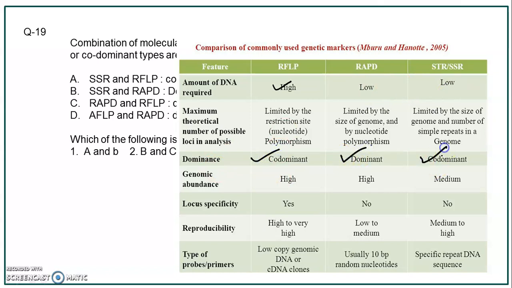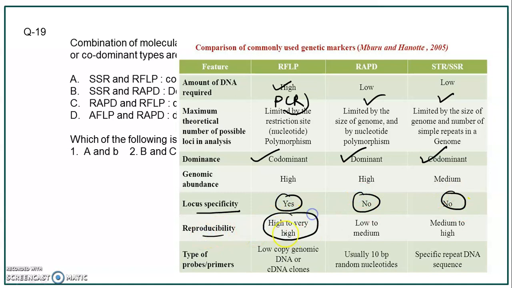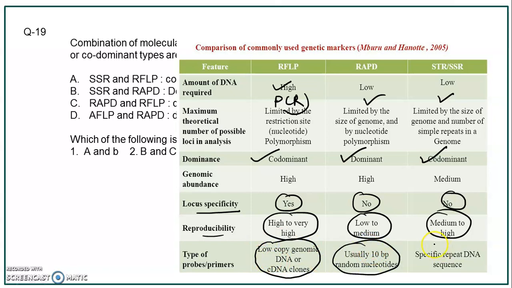RAPD is a dominant marker, and SSR or STS are co-dominant markers. PCR is not required for RFLP, but RAPD, STS and SSR require PCR. Reproducibility is high to very high, low to medium, and medium to high. Types of probes or primers: low copy genomic or cDNA clones for RFLP, usually 10 base pair or random nucleotides for RAPD, and specific repeat DNA sequences for SSR.